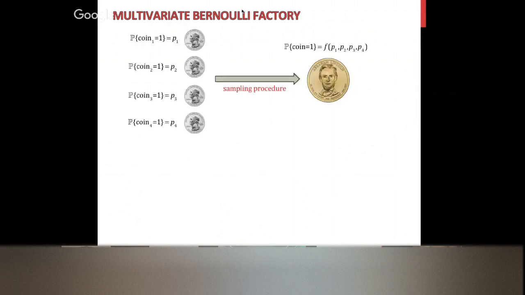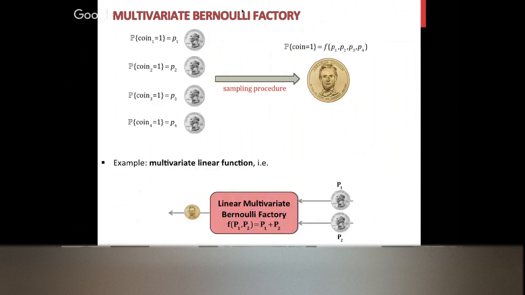Now I generalize this problem. I call it a multivariate Bernoulli factory. In the multivariate Bernoulli factory, you have a couple of coins given to you with unknown biases, but you can sample from them. And now you have a multivariate function of the samples, and you want to simulate this new coin. For example, one can think of the linear multivariate Bernoulli factory. Let's say mixing two coins. You have a coin with P1 bias, another coin with P2 bias.